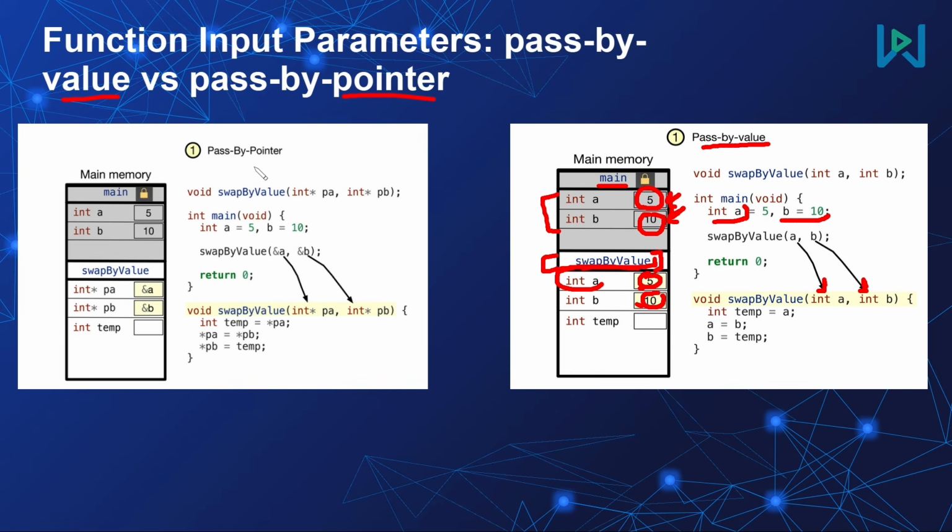For the second use case, which is passing by pointer, here we are referencing the actual input parameters or variables provided to our C function.